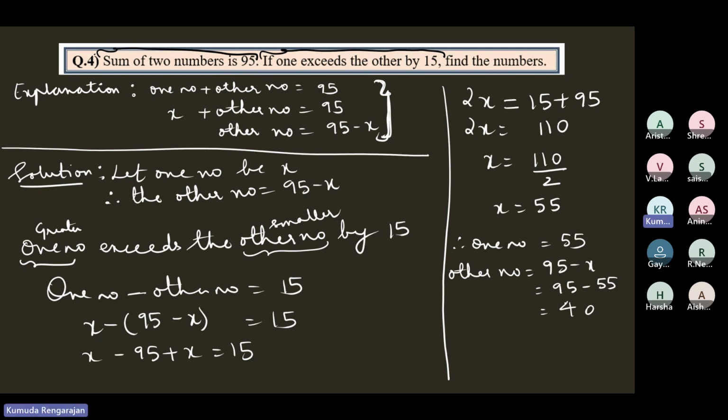Use one for assumption and the other for constructing the equation. In this working, I have used the first part of the question for assumption, and I use this one to construct the equation: one number exceeds the other by 15. You can do it the other way.